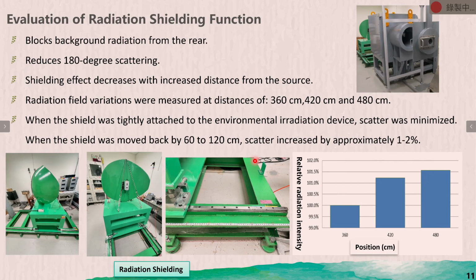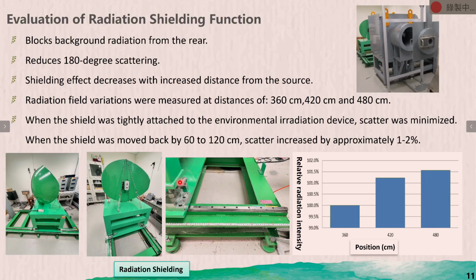Next, how can we shoot the radiation? We use this radiation shooting box made of lead. It has a very special shape, called an ellipse shape. This is a ruler here, and we use different distances, moving back from 60 to 120 centimeters.